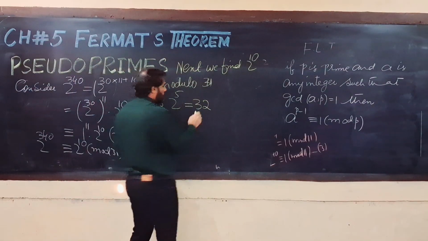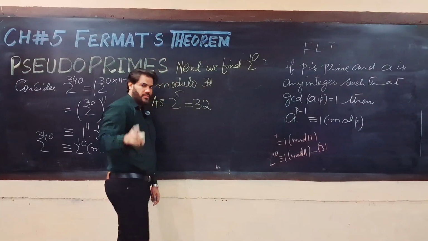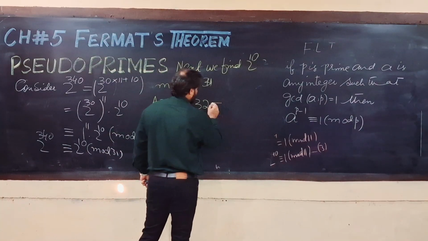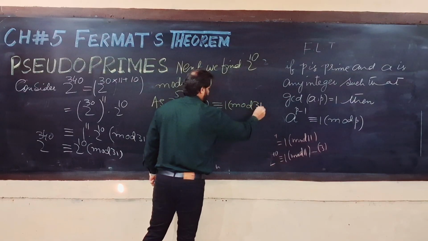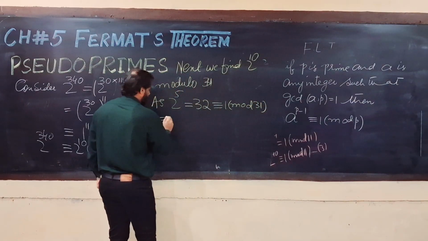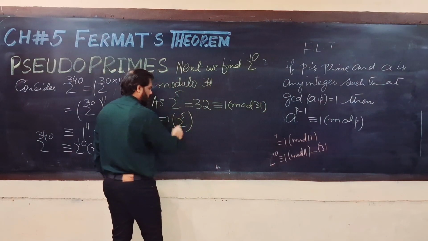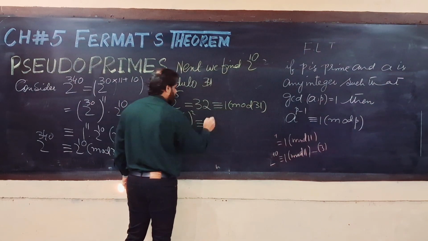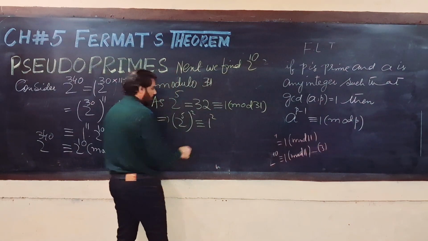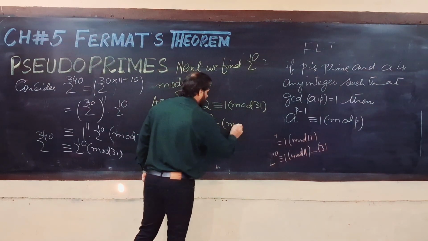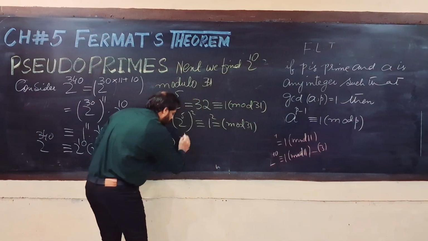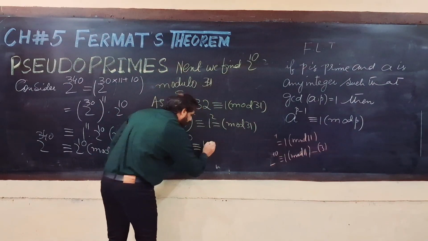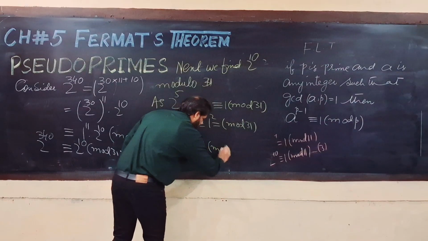And when we divide 32 by 31, the remainder is 1. It means 32 is congruent to 1 modulo 31. This implies, taking square on both sides, 2 raised to power 5 whole square becomes 1 square, and 1 square is equal to 1 modulo 31. This shows 2 raised to power 10 is congruent to 1 modulo 31.